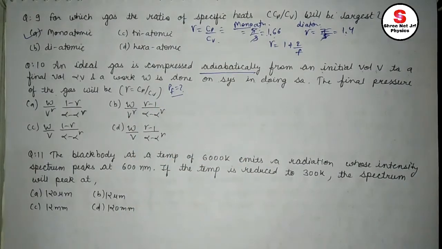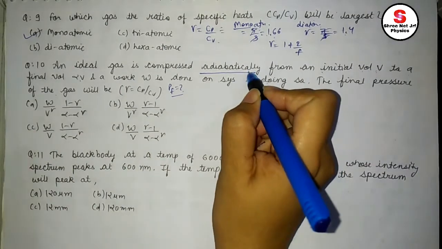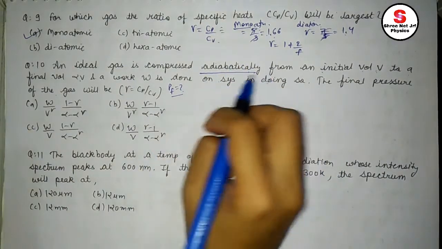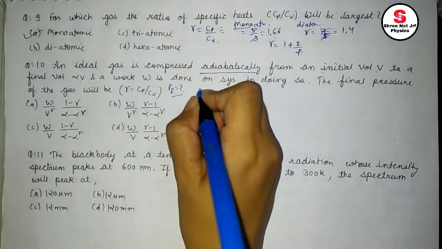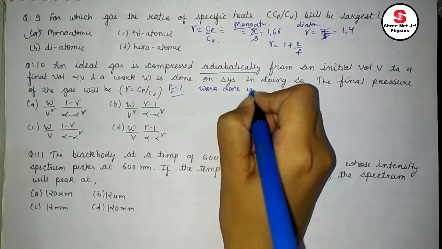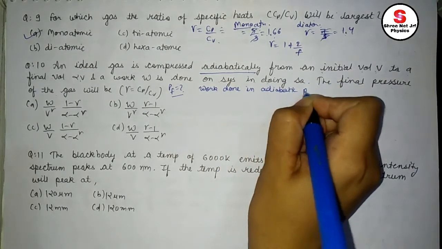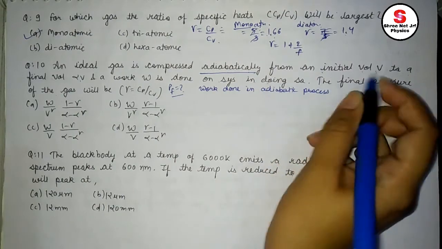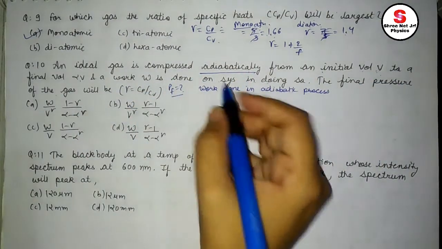We are given work W, and here the process is adiabatic. What is the work done in an adiabatic process? If you remember, you can simply use that. I am using it here because we are given volume and pressure, and we need to calculate the relation between these.